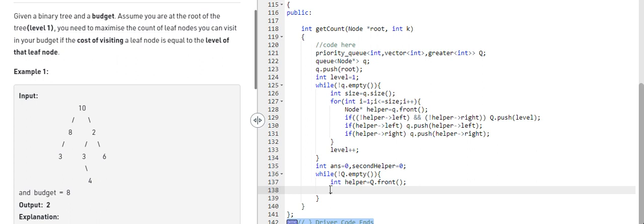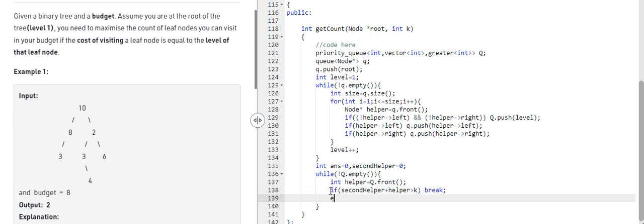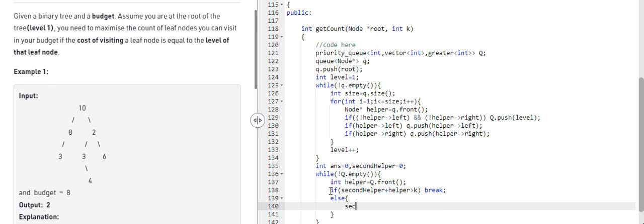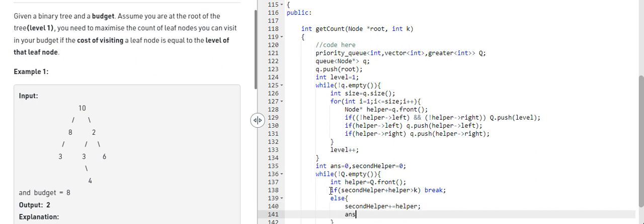So here we take one if condition: if second helper plus helper is more than k, we break this. Else, second helper plus equals helper, and ans plus plus.